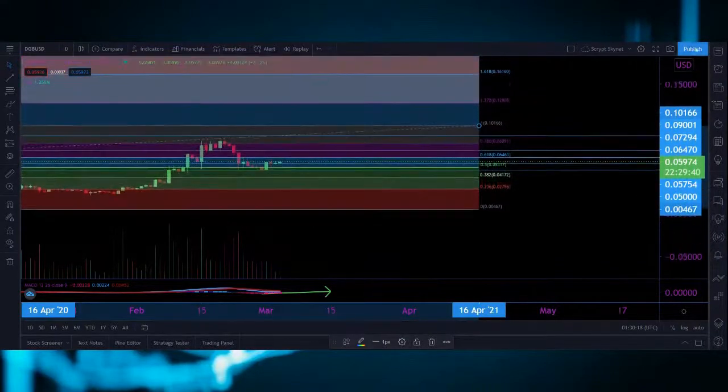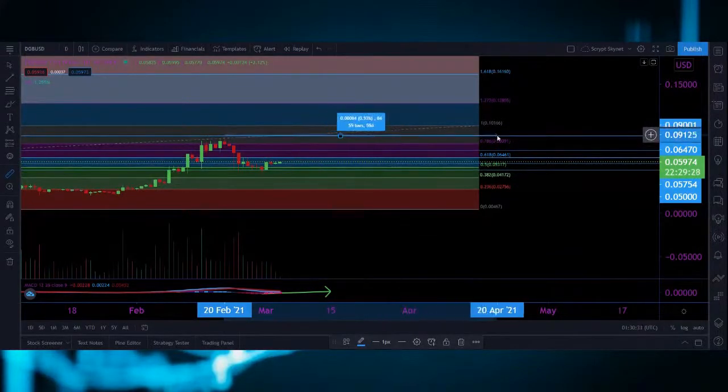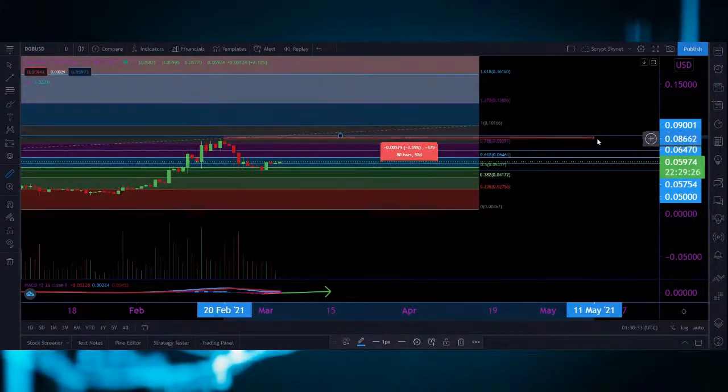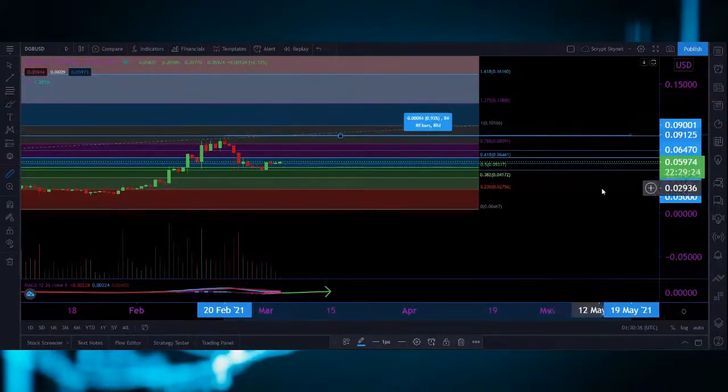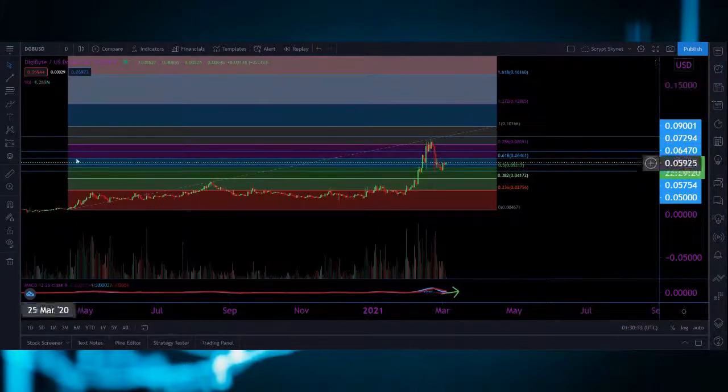Let's measure this out. 104 days from this high right here. Hold on, I guess I didn't make it big enough. Sorry, guys, I'm kind of new to these charts.